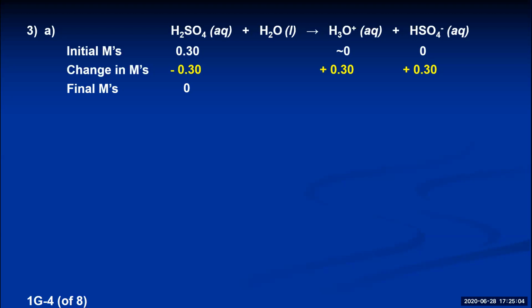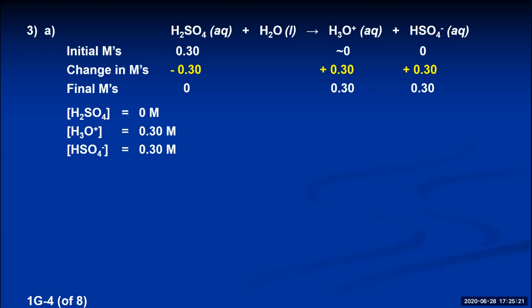You'll actually have no sulfuric acid molecules in the solution at all, but you'll have 0.30 molar hydroniums and 0.30 molar bisulfates. So after the first ionization, the molarity of the sulfuric acid is 0, the molarity of the hydroniums is 0.30, the molarity of the bisulfates is 0.30.